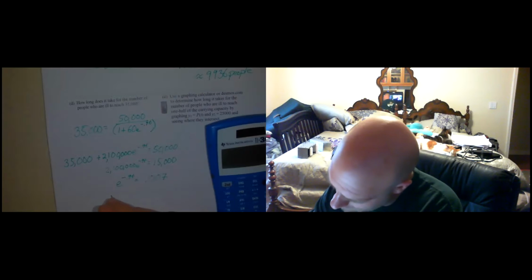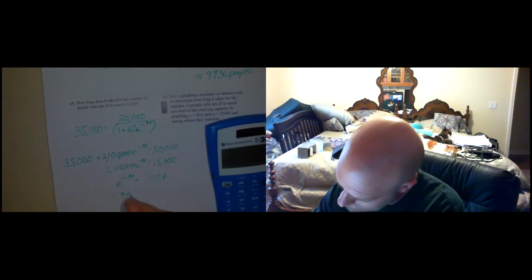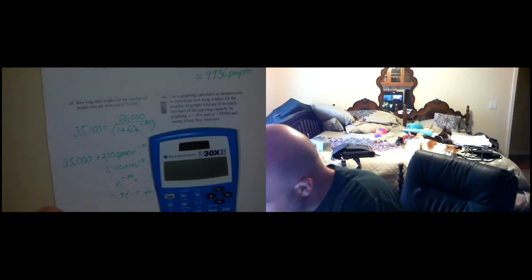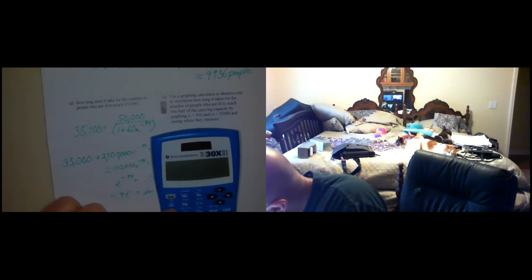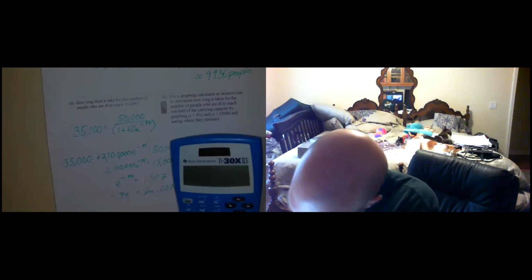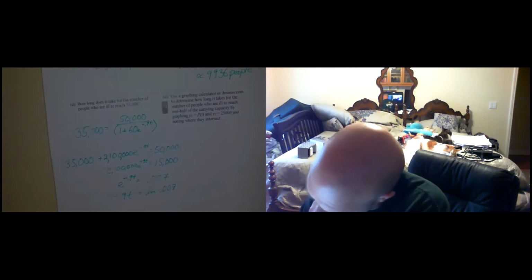I'm going to take the natural log of both sides, and I'll get negative 0.9 t on this side equals the natural log of about 0.007. I'm going to say natural log of the answer, and I'll get a negative 4.94-ish.